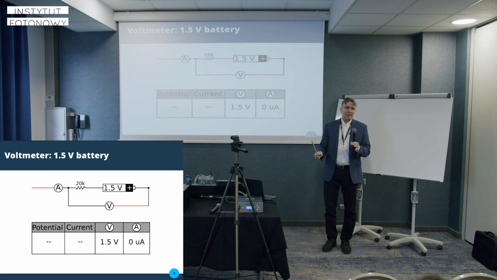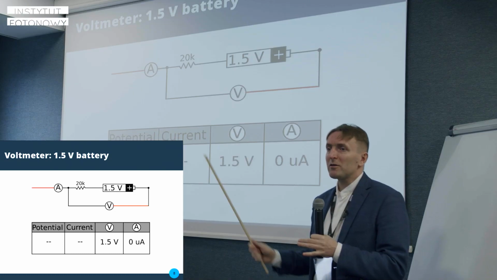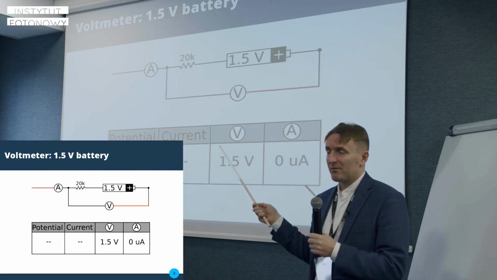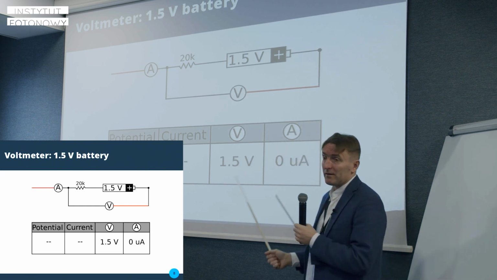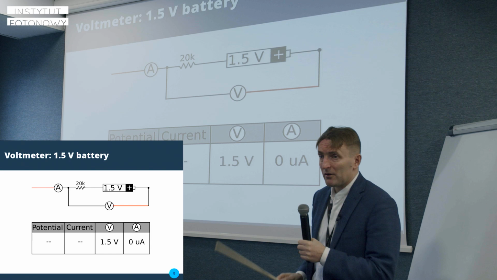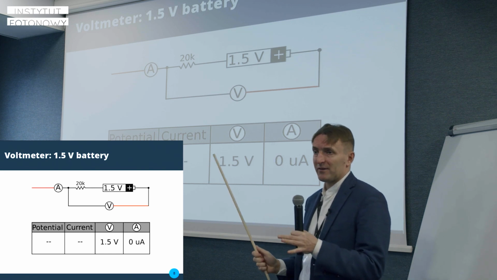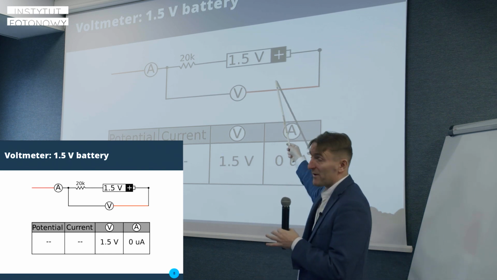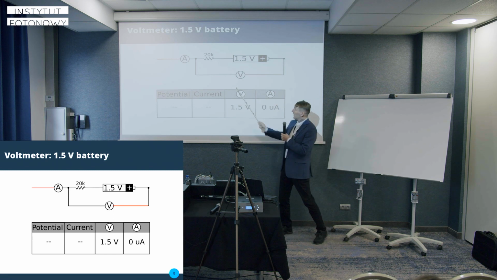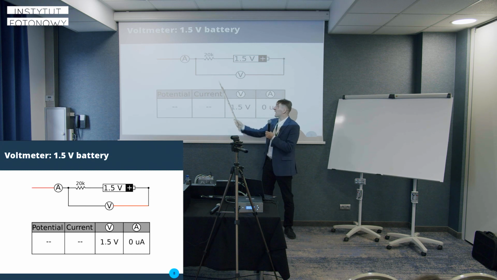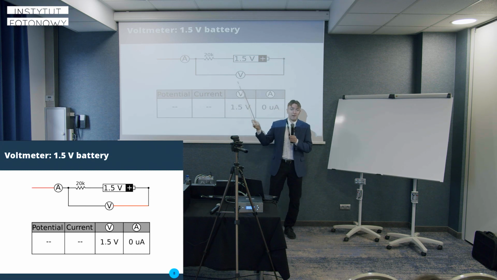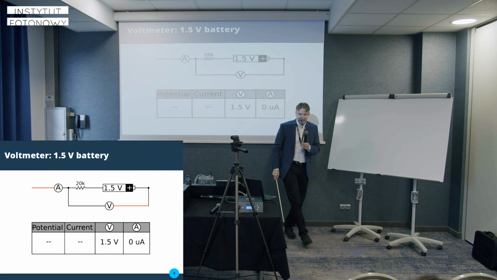We will be predicting what those meters should show. And they are connected in such a way that this red line denotes positive terminals. Okay, so plus is on the red. So in this setup, I have also used here a resistor that will limit my current from the battery.